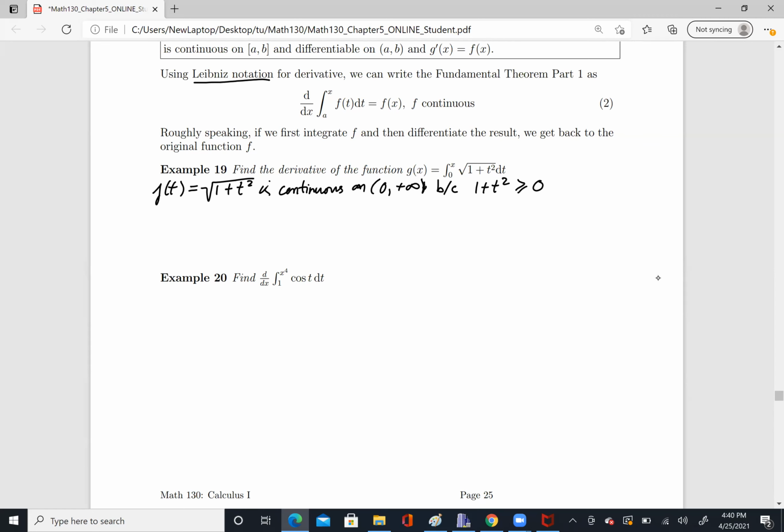So we can use the fundamental theorem. Let's notate it by FTC 1, fundamental theorem of calculus part 1.